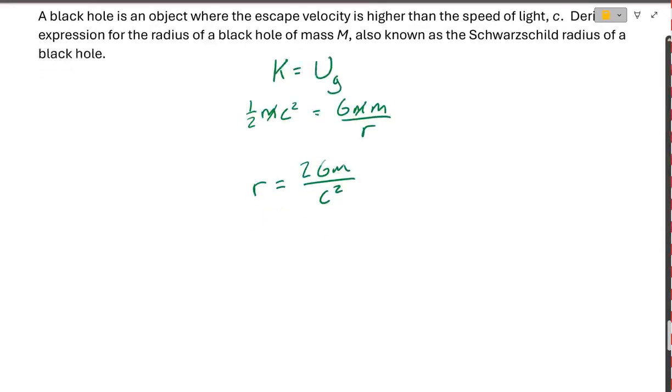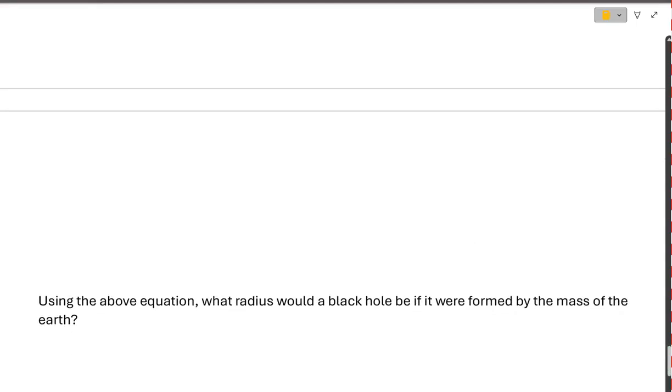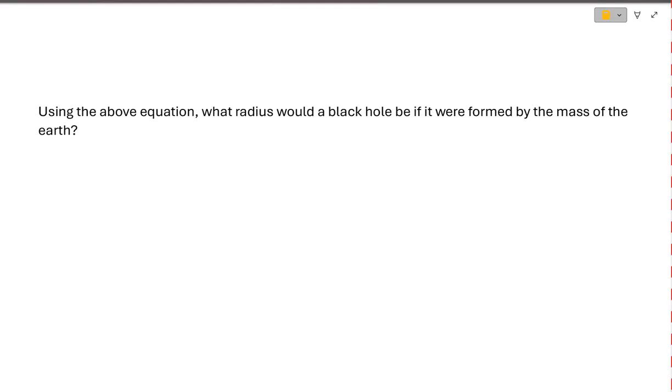So are black holes something I should be worried about? Let's find out. Using the above equation, let's find out how big a black hole would be if it was formed using the mass of the Earth. If the Earth all of a sudden turned into a black hole, how big would that black hole be?